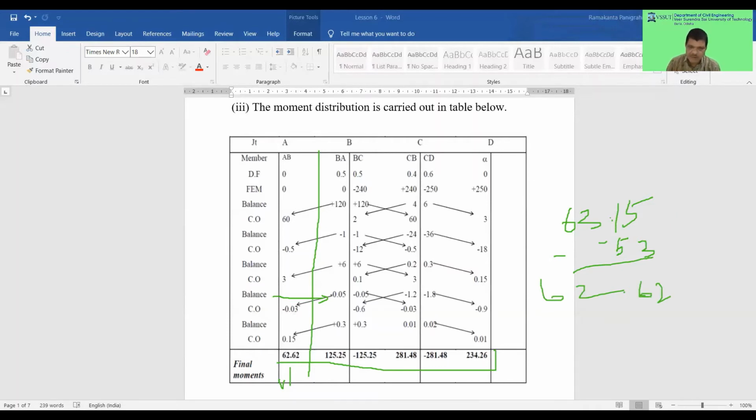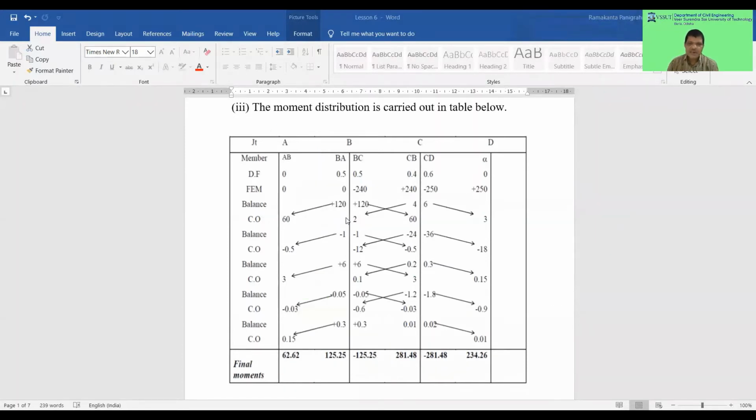Similarly, for each column, find the values, and you must see that these two values are equal and opposite at the joint. Otherwise, the joint cannot balance. You should follow that, and then those are the final moments.